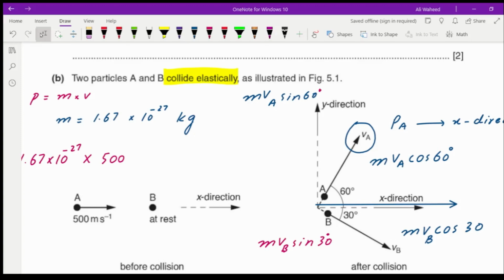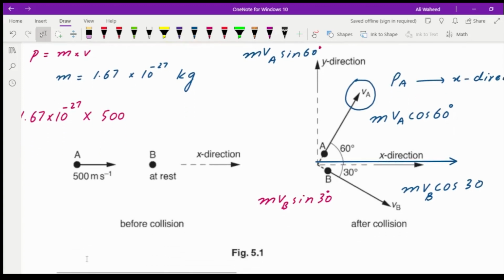So we're going to say momentum before collision and momentum after collision are equal, first in x direction and then in y direction. First along x-axis and then along y-axis.